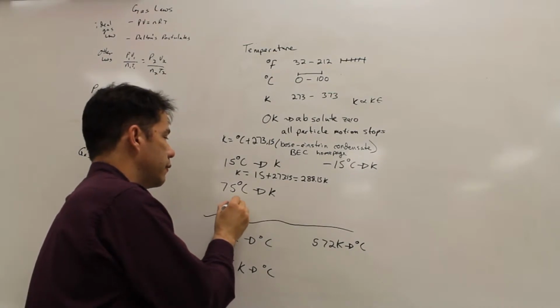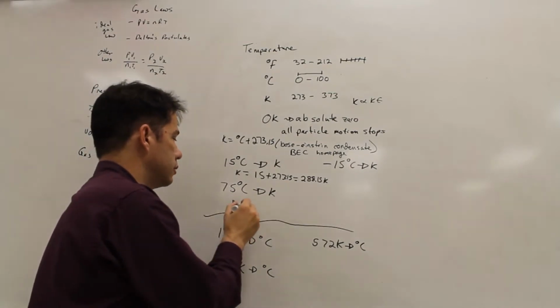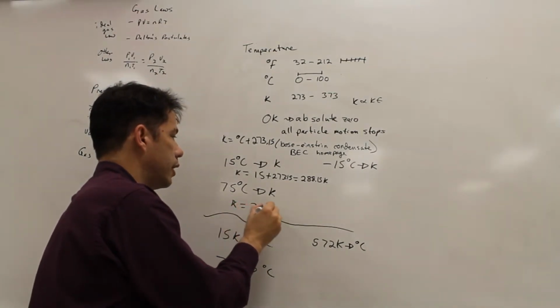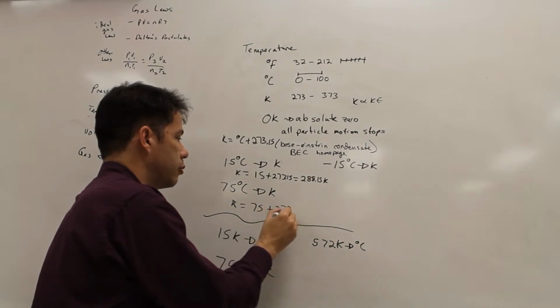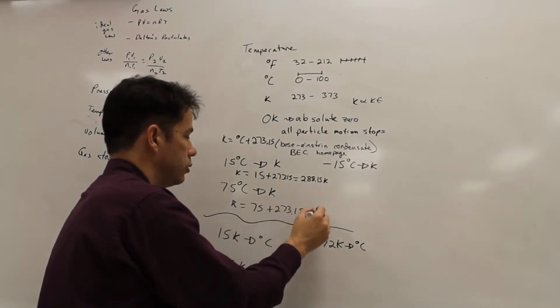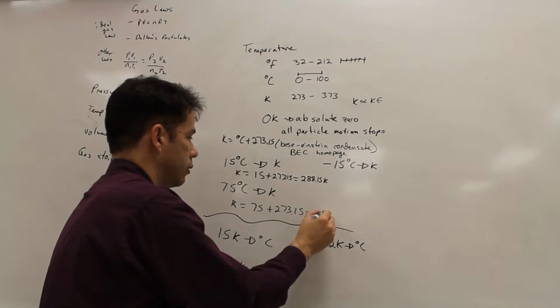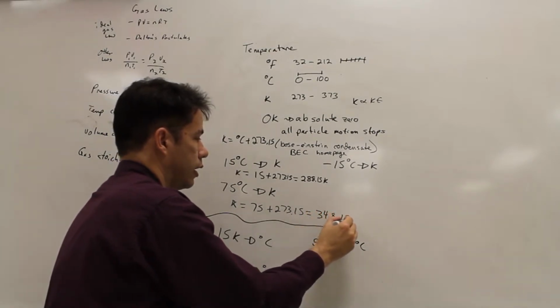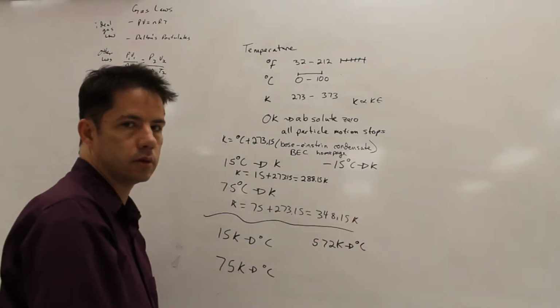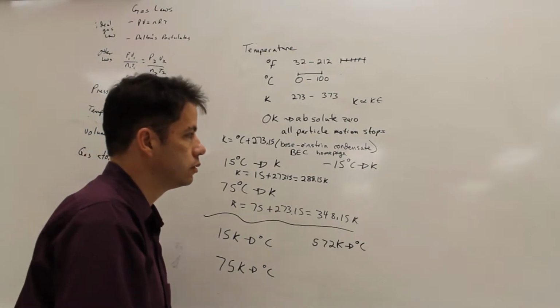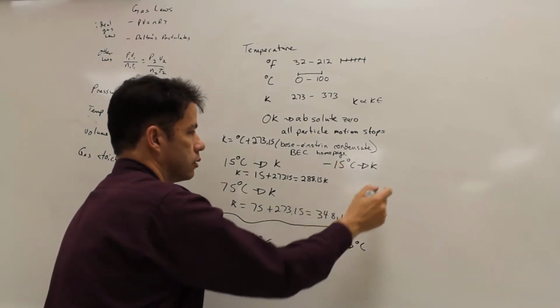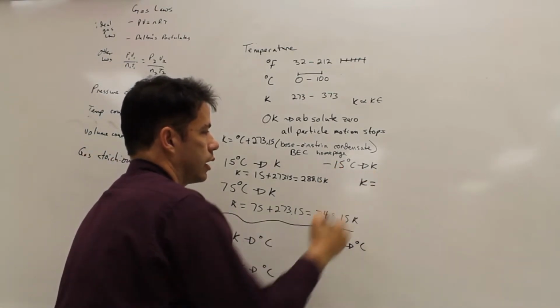Let's do this one, 75 degrees Celsius to Kelvin. Kelvin equals 75 plus 273.15 equals 348.15 Kelvin. Pretty simple. Okay, now look at this one. It's a little bit of a gotcha, but not really.